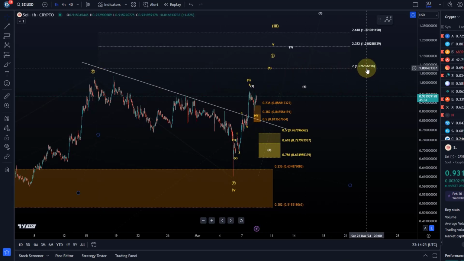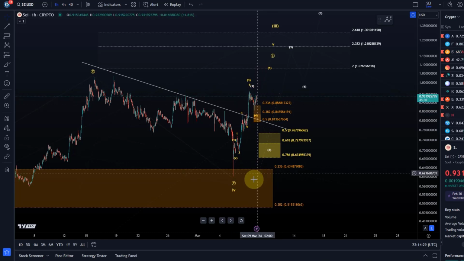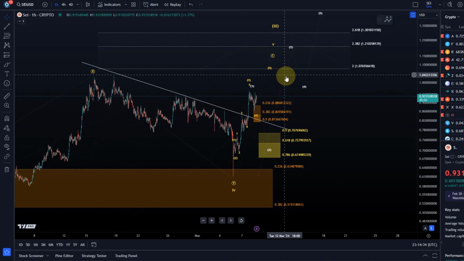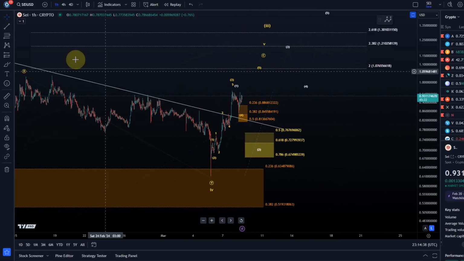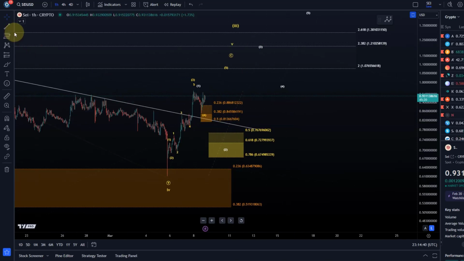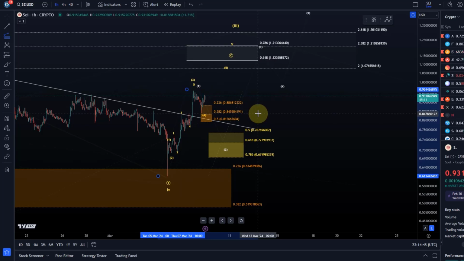And ideally, we get to $1.07 in the yellow count, maybe higher, but if it's the yellow count, wave 5 would already be quite extended if it gets to $1.07. Or actually, I think it would be okay. We can also calculate the smaller degree targets and take the length of waves 1 to 3.